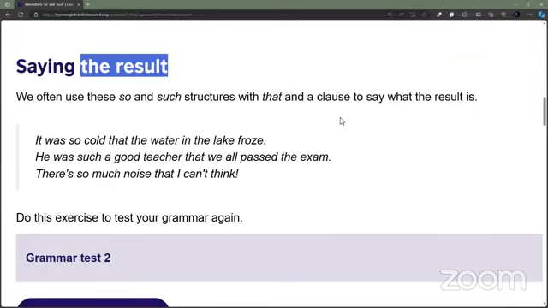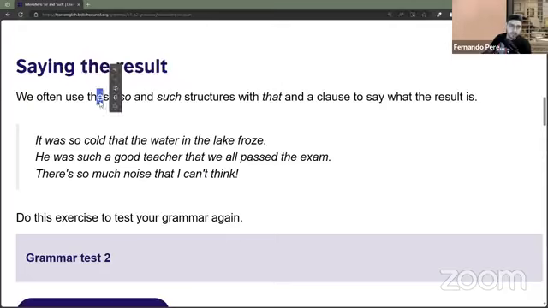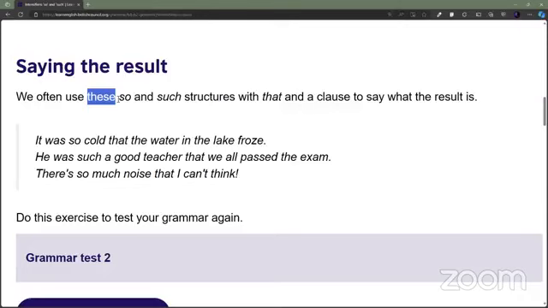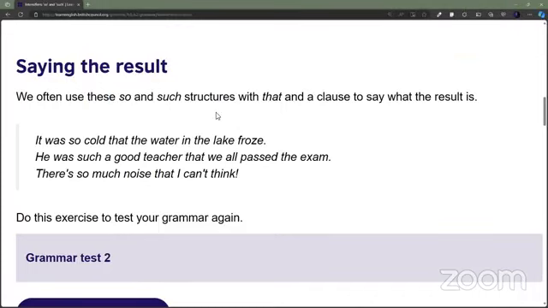Saying the result, we often use this. What's this letter? What's the name of the letter? E. Exactly, pronounce it the same. We often use this, very, very E. Correct.